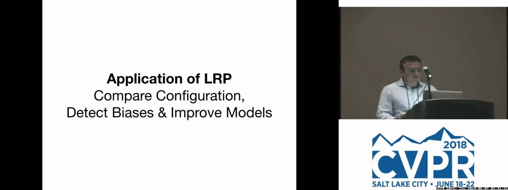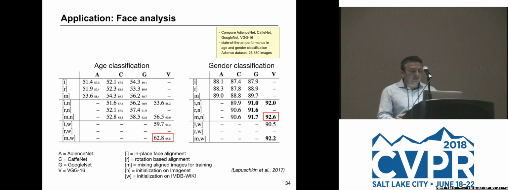Third application. We compared not only models, but also different configurations of models. We have one model and do pre-training, no pre-training, and different configurations for different models. We did this, for example, for the face analysis for age and gender prediction on the Adience data set with 26,000 images.